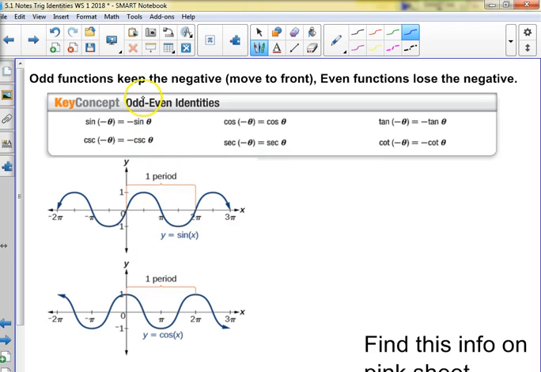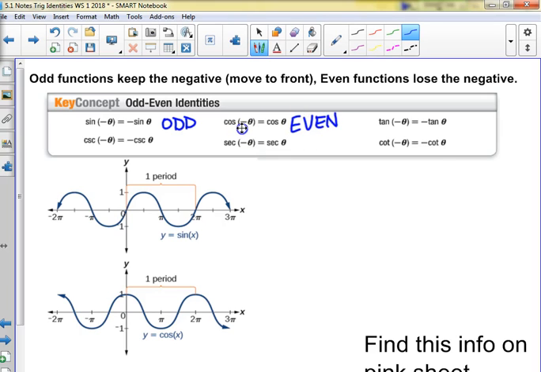All right. So sine was odd. Okay? But what it means is if there's a negative in front, you can put it inside, or if there's a negative inside, you can bring it out in front. Cosine is an even function.